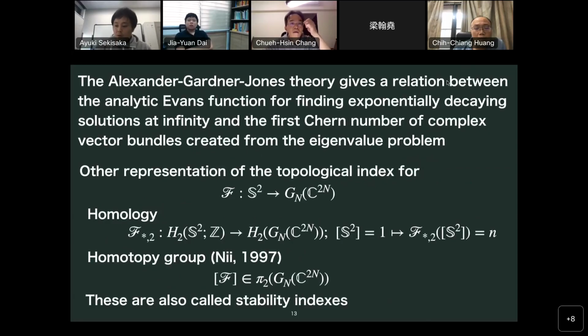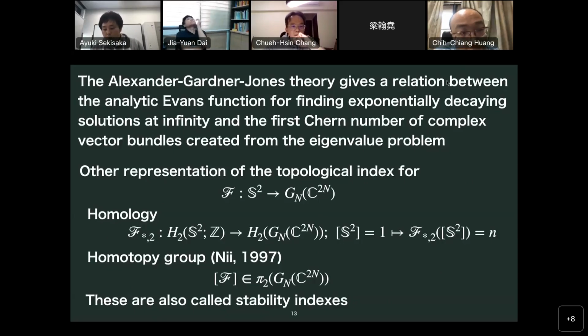Topologically important is the fact that the information on eigenvalues can be obtained as the homotopy type of a vector bundle or such maps, not just as a first Chern number.